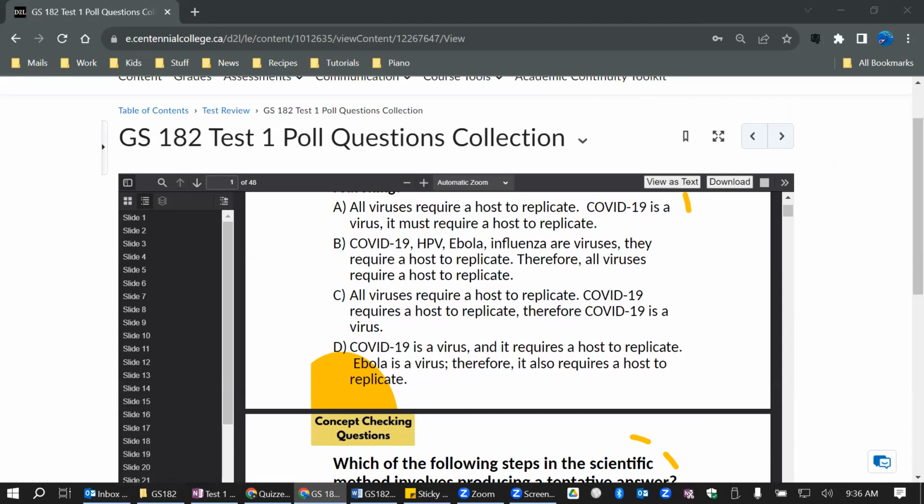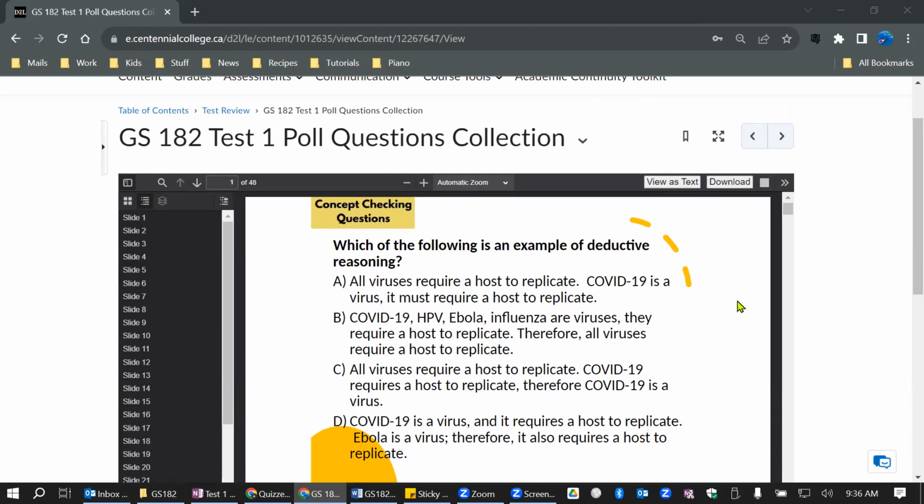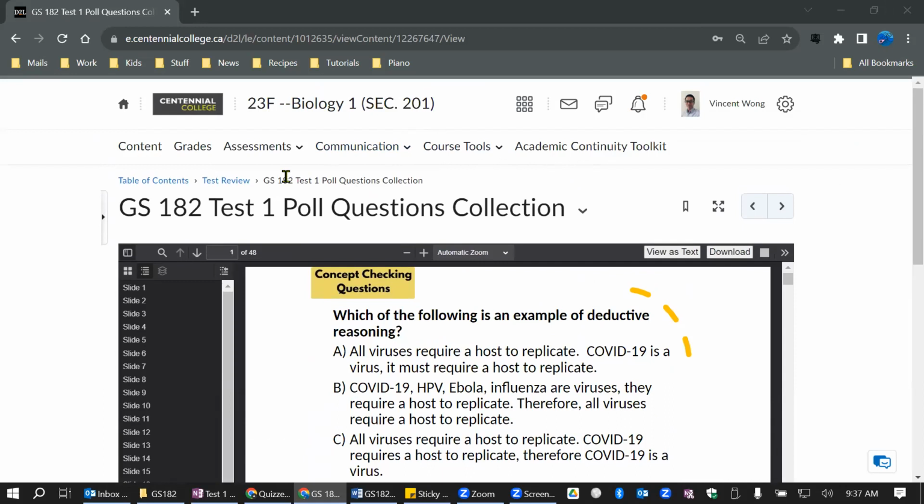If you still can't find it, just... yours doesn't show. What do you mean? Like when you click on it, the file is blank or something? It says file not found. Does anyone else experience the same problem? Same? Okay, let's see. You guys are 201, right?